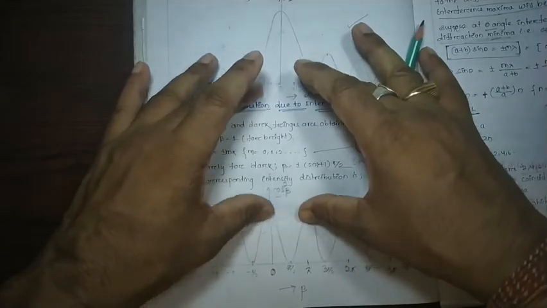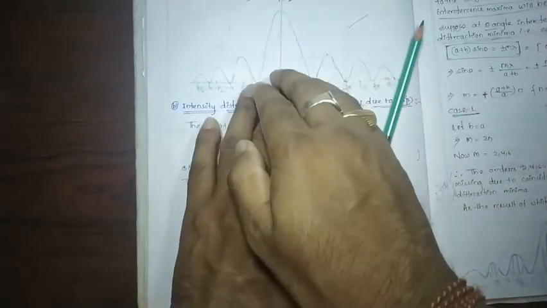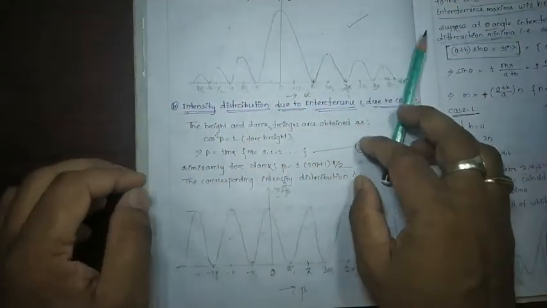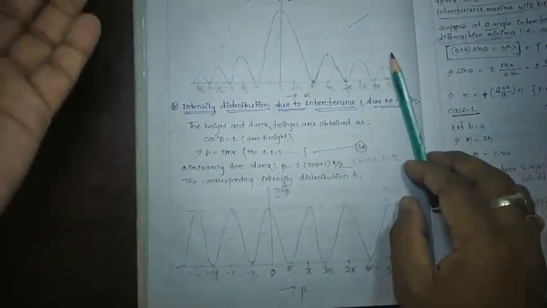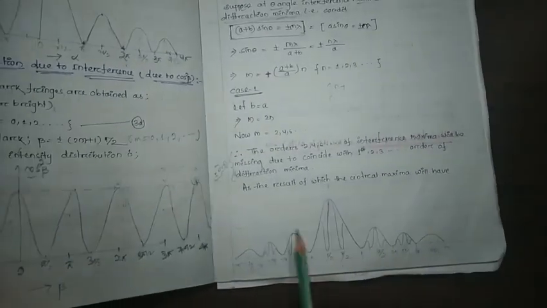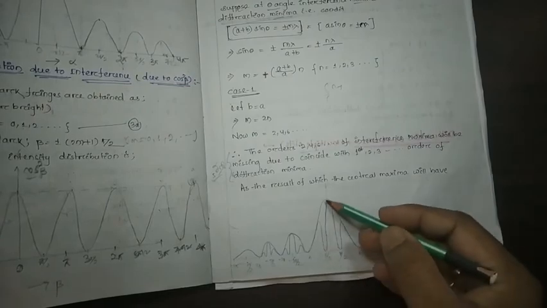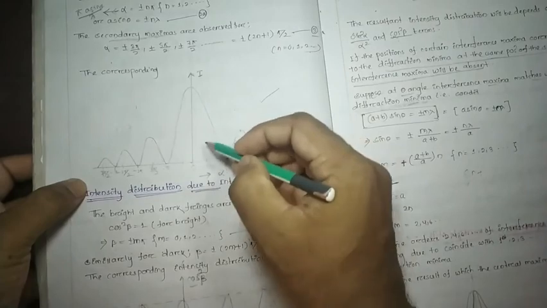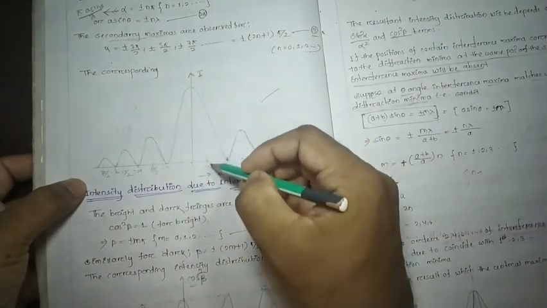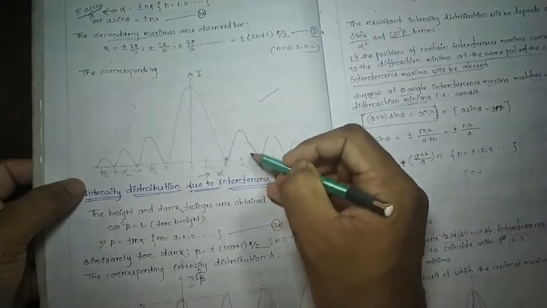When we combine the diffraction pattern and the interference pattern, we get the double slit experiment's intensity distribution. It will look like this: this is the diffraction envelope, and within one diffraction envelope we can get several interference fringes.